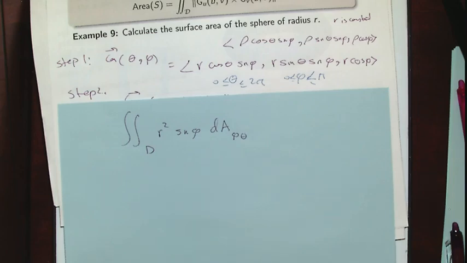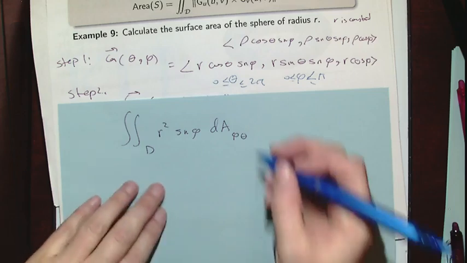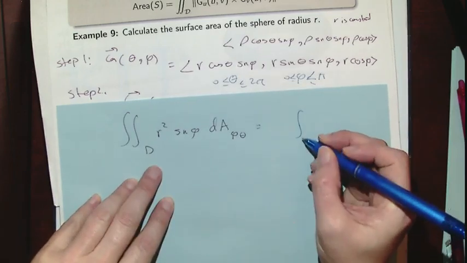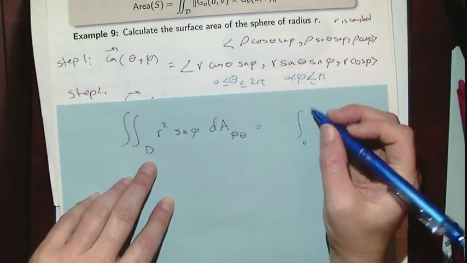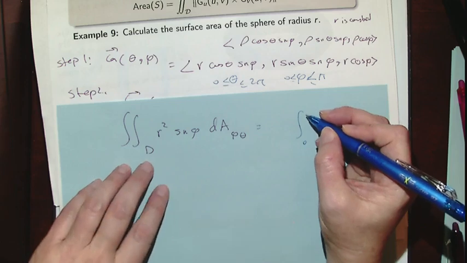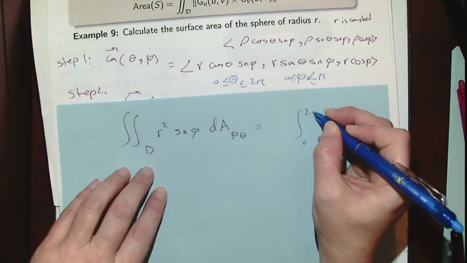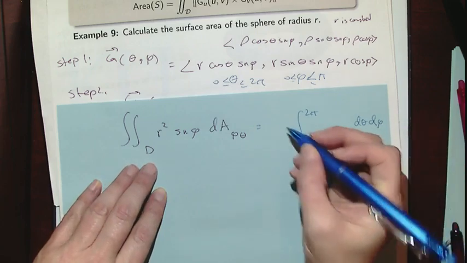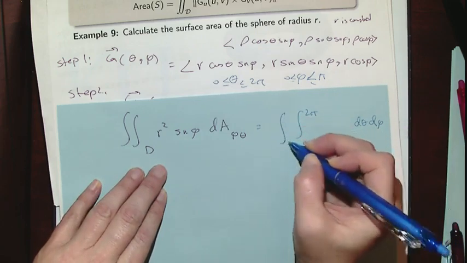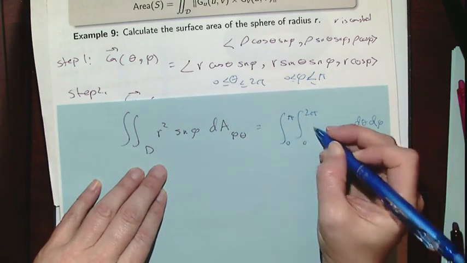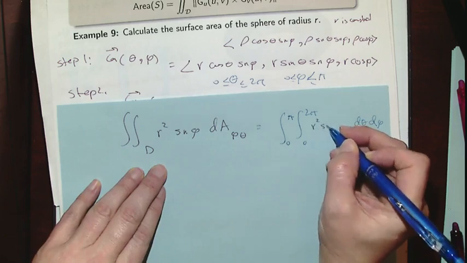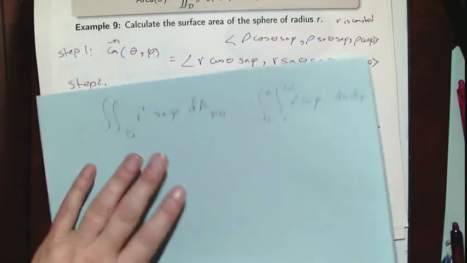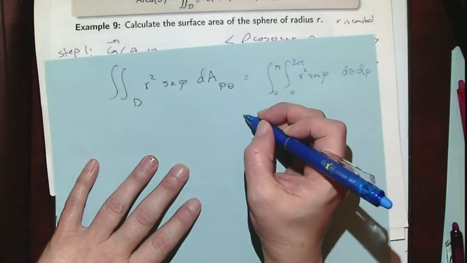It's the region you used to have for transformations, right? So now I have the integral from 0 to 2 pi d theta d phi, and 0 to pi.